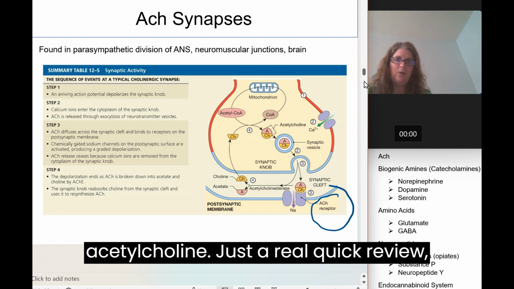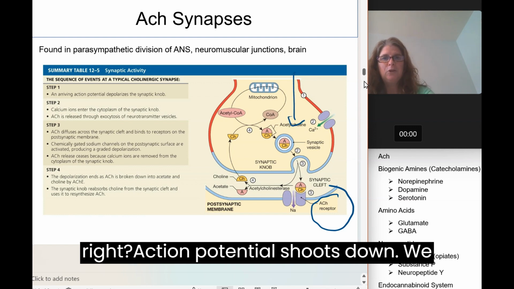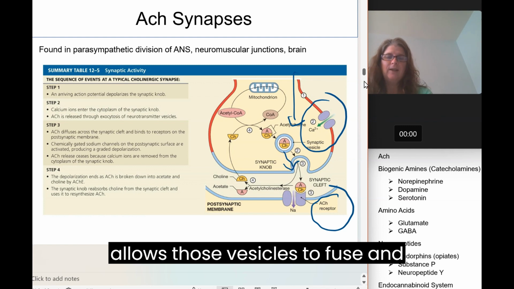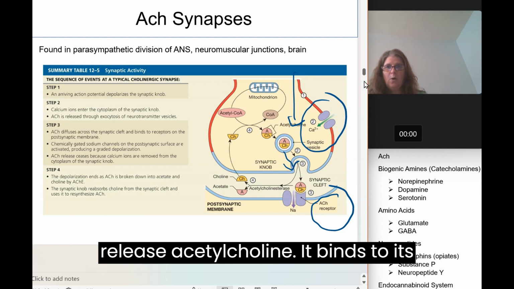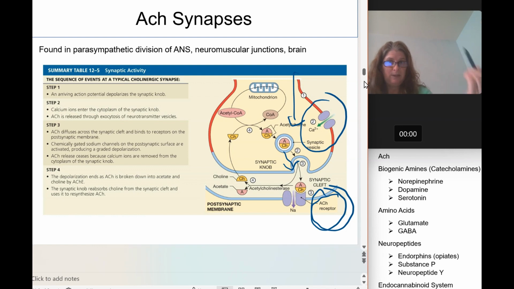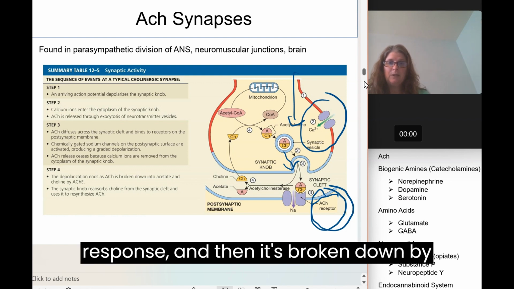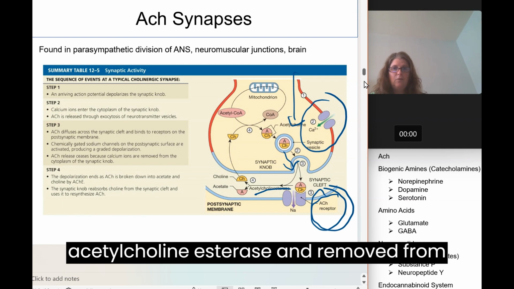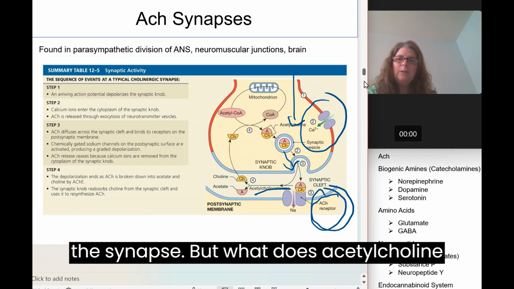Just a real quick review, right? Action potential shoots down. We know calcium has to enter. That's what allows those vesicles to fuse and release acetylcholine. It binds to its receptor and it carries out its response, and then it's broken down by acetylcholine esterase and removed from the synapse.